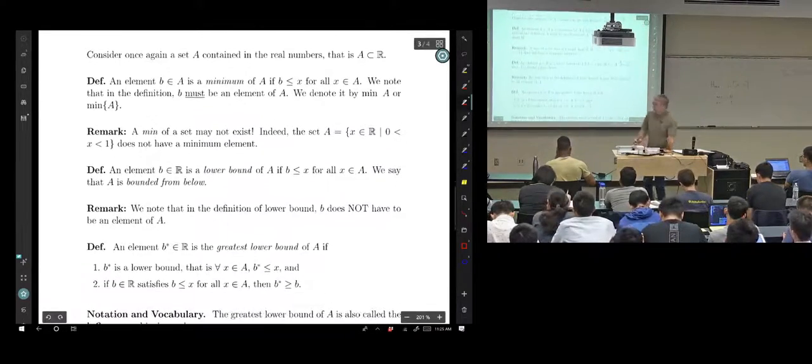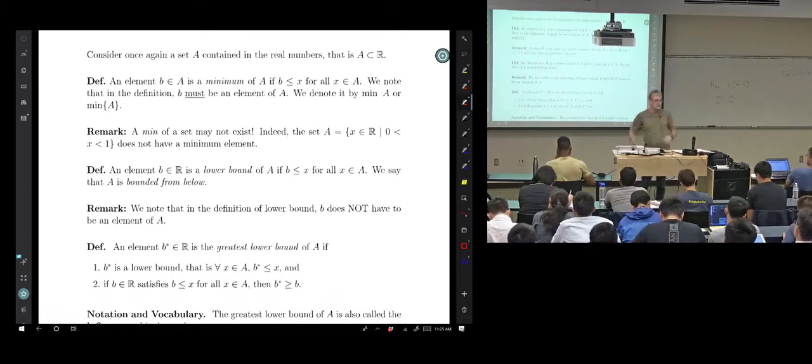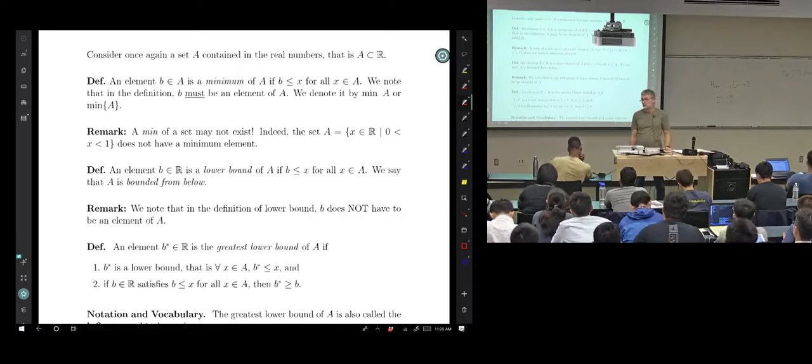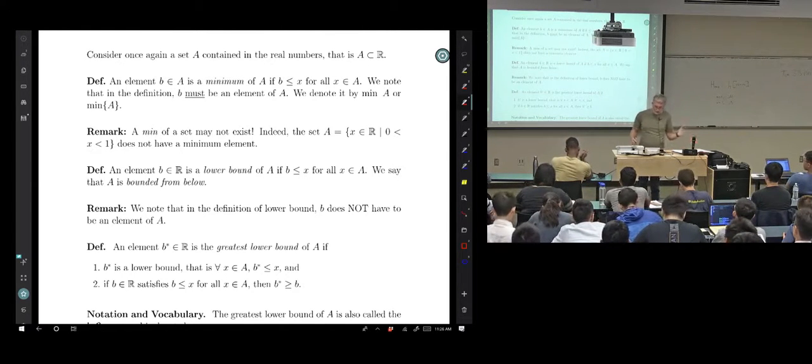And then the opposite of maximum is minimum. Minimum must be in the set. Then you talk about lower bounds instead of upper bounds, and then the biggest lower bound, that's the infimum.